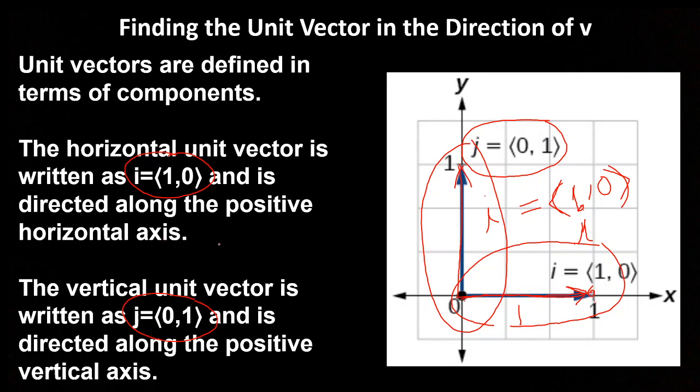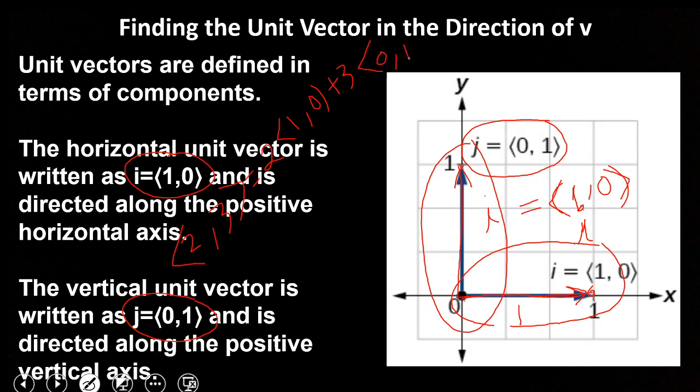For example, the vector (2, 3) can be written as 2(1, 0) plus 3(0, 1). Now when you multiply, you get the same thing, because 2 times (1, 0) is just (2, 0). And then 3 times (0, 1) is just (0, 3).